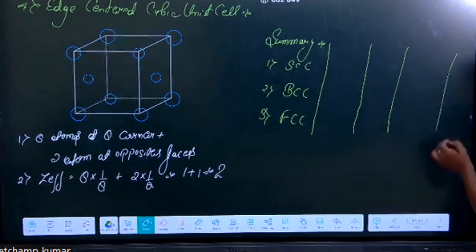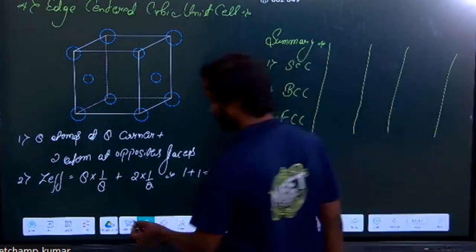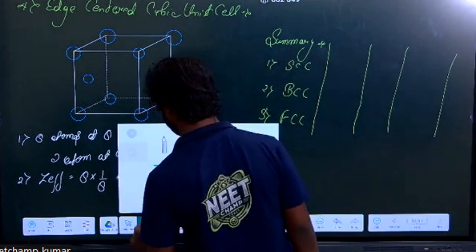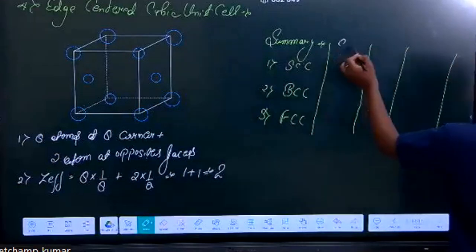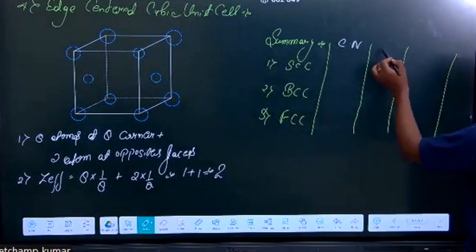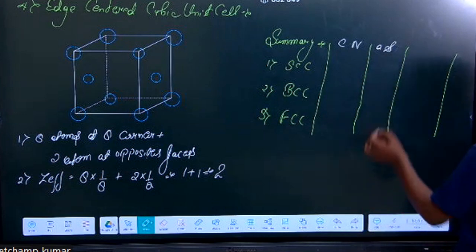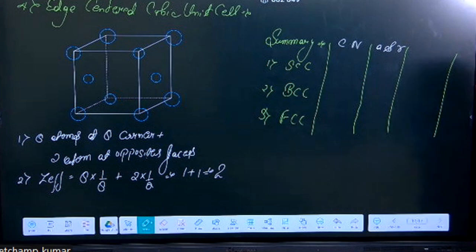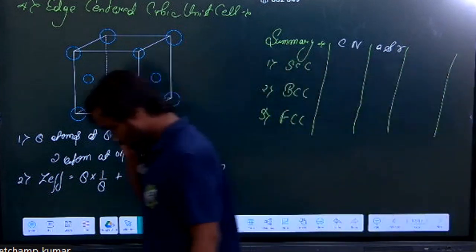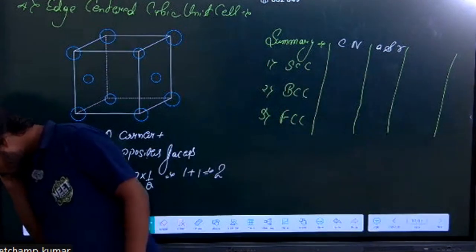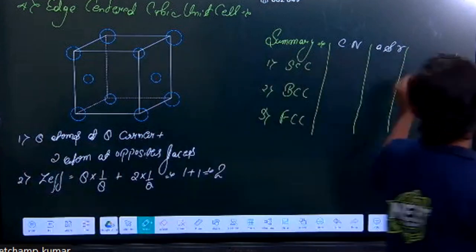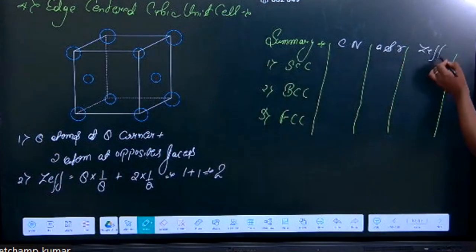We have studied a lot of things, but you have to remember simple things. First thing is coordination number. Second is a and r relation. And the other thing is Z effective.